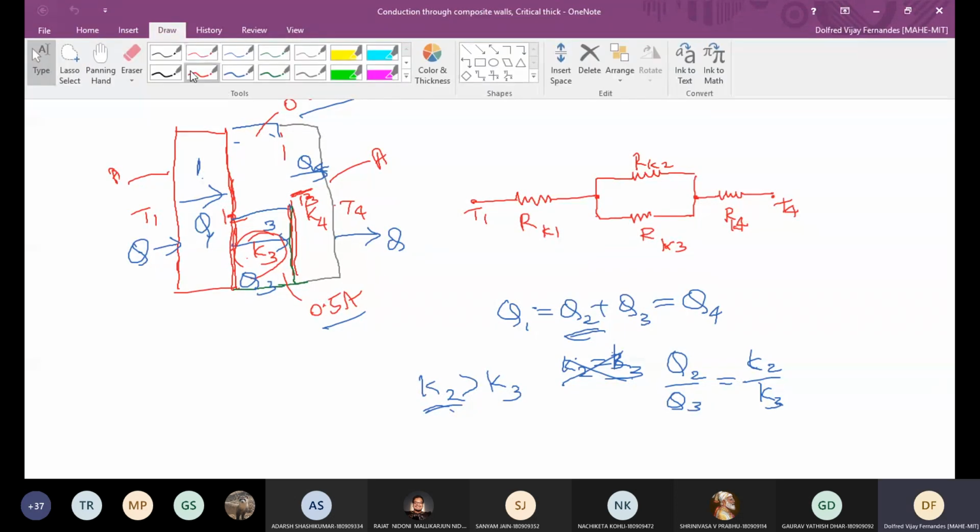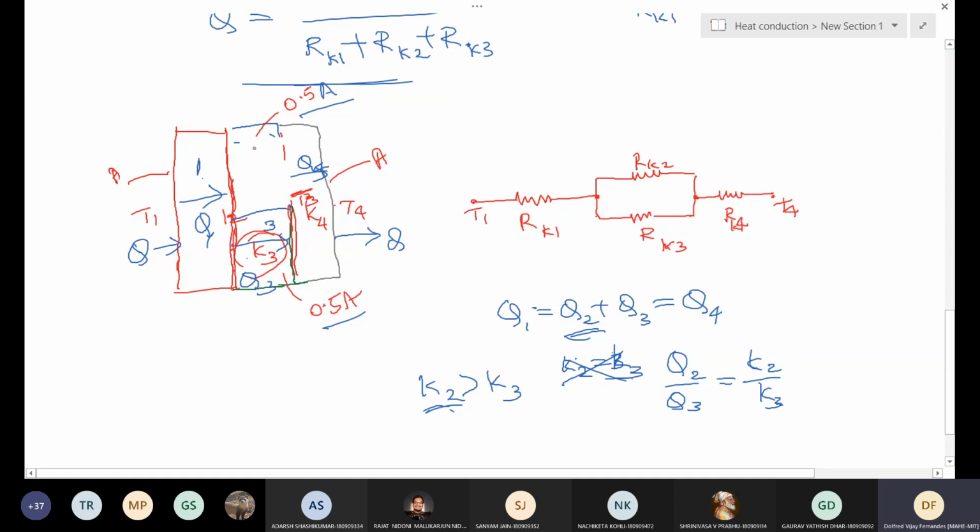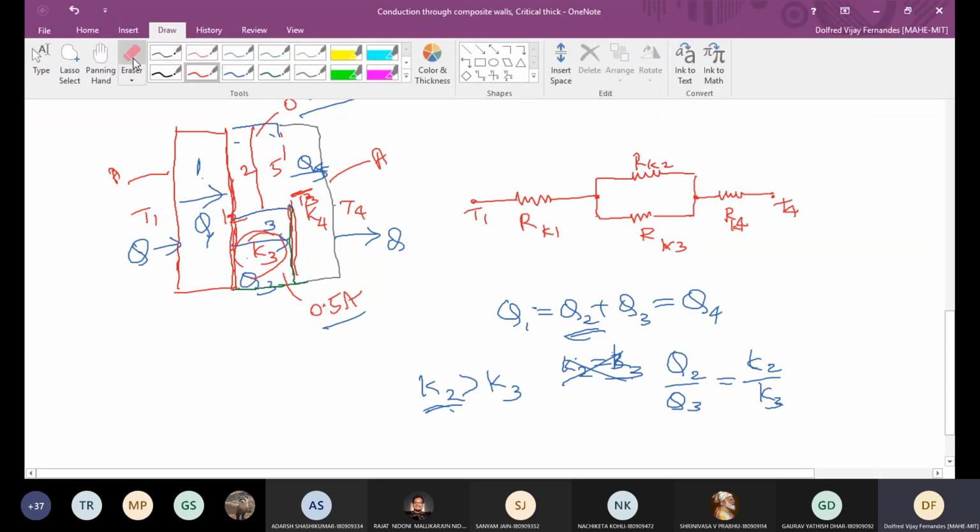So you have to change the circuit for this case. We have to add one more resistance on the top side. Let me say this is 2 and this is 5. Here I have to change and add one more resistance.